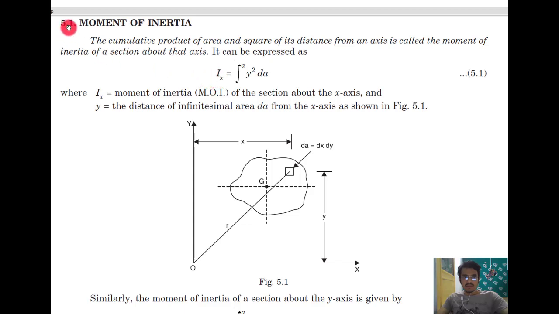In horizontal motion that will be the momentum m into v, but in rotary motion that will be the mass moment of inertia. That will be y square dA for the x axis, or x square dA about the y axis. So moment of inertia is the cumulative product of area and square of distance.